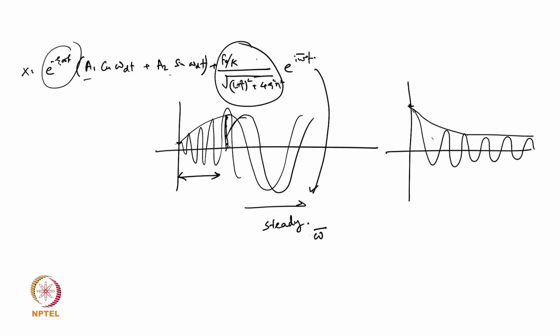Whereas if you see this portion which is transient, the frequency is omega d. Not exactly omega d, it is actually transiting from omega d to omega bar. That's why it's a transient.